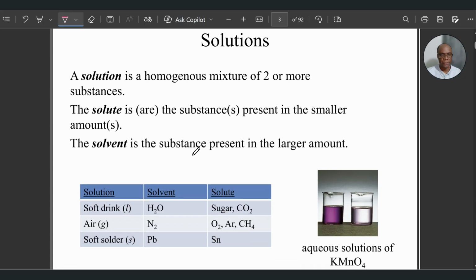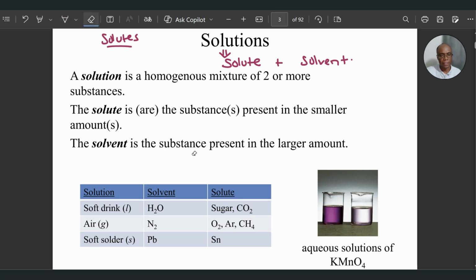Okay, solutions. What is a solution? A solution is made when you take a solute and put it in a solvent. Chapter 1, we talked about this and we said that there are different types of solutes. Solutes actually are substances present in small amounts in the mixture, so to speak.